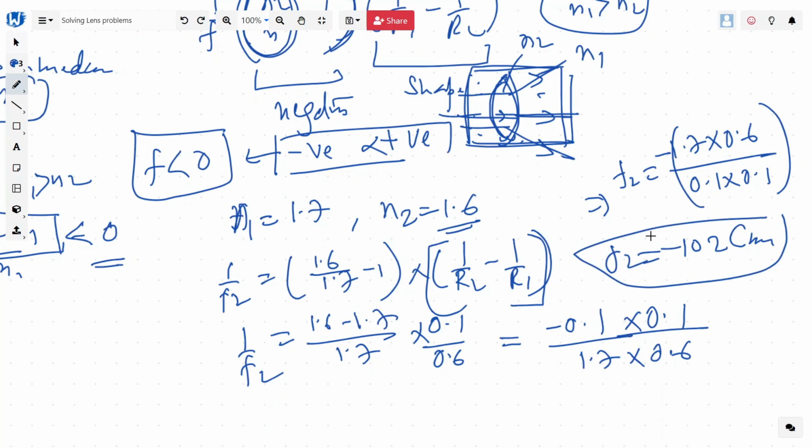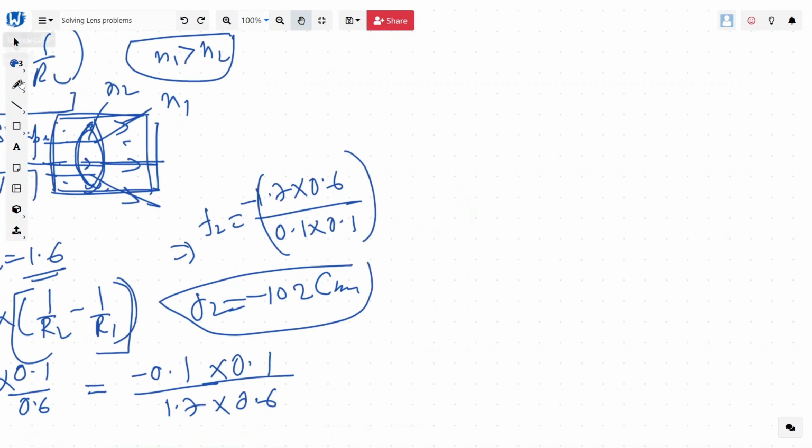Okay, so now a converging lens or a biconvex lens, which looks in a shape like that, when immersed in a medium, right, is going to act as a diverging lens, right? So shape does not matter.